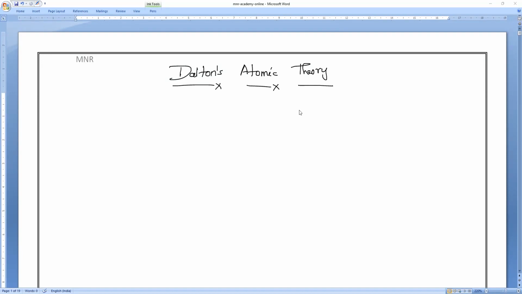So what exactly is it, all of you observe. According to the laws of chemical combination, how many laws do we have for ninth class? Two laws: one is the law of conservation of mass, and the other is the law of definite proportion. According to these two laws, matter is composed of smaller particles, and according to the law of constant composition, the ratio is always fixed.